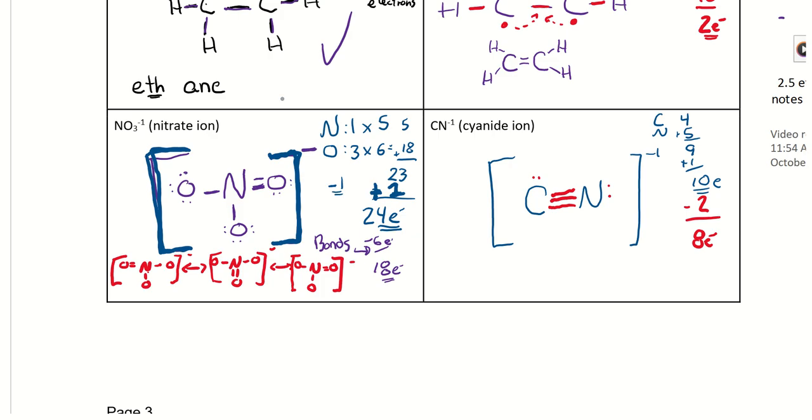We had carbon had 4, nitrogen had 5, and we can go from there and say, okay, well, if carbon has 4, nitrogen has 5, we have 9 total. My apologies, I was interrupted and I had to take back up the recording here, but we were talking about the cyanide ion, right?